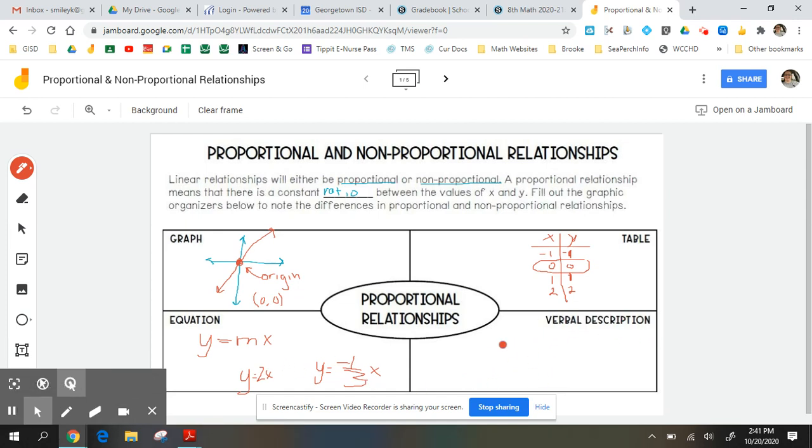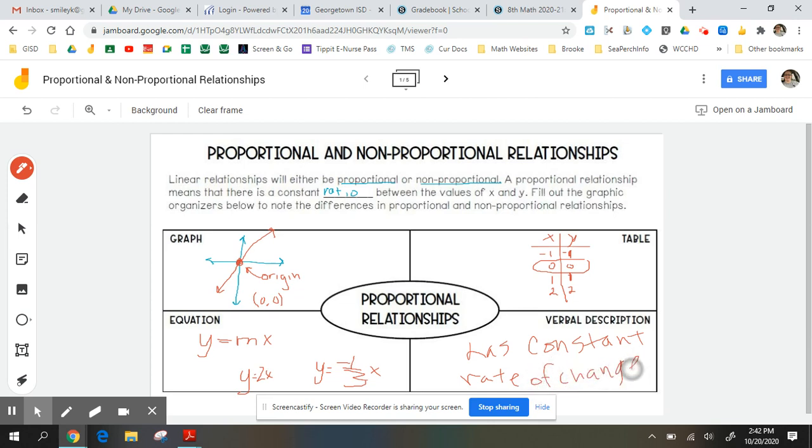The verbal description would be like it has a constant rate of change. And then, of course, it goes through the origin.